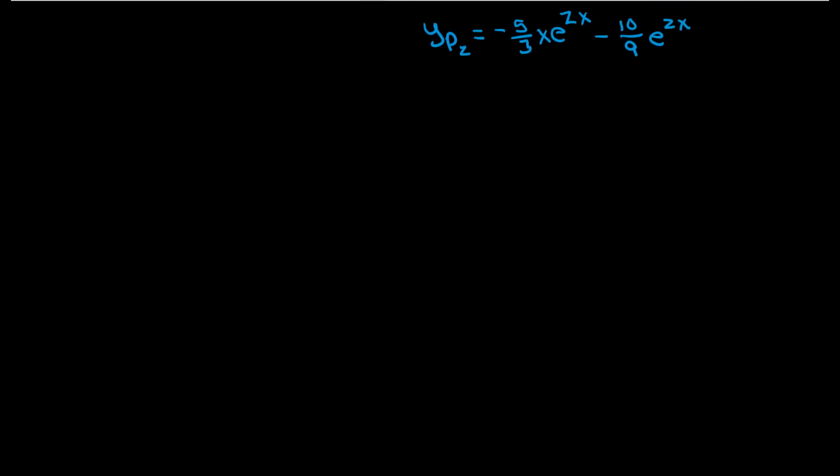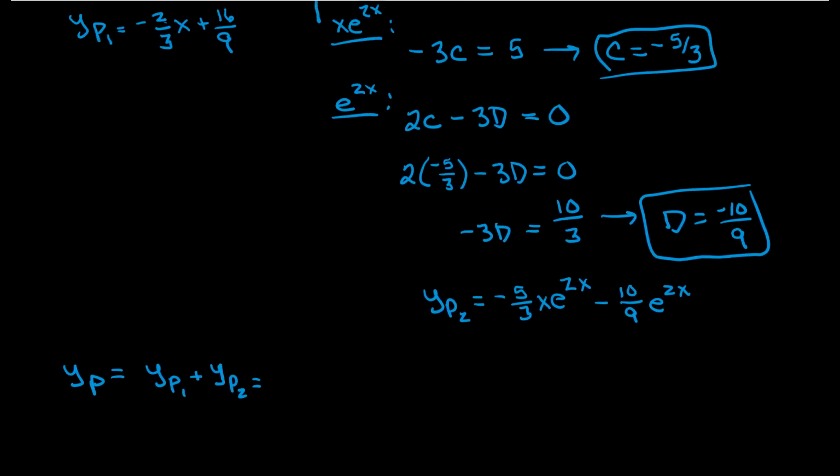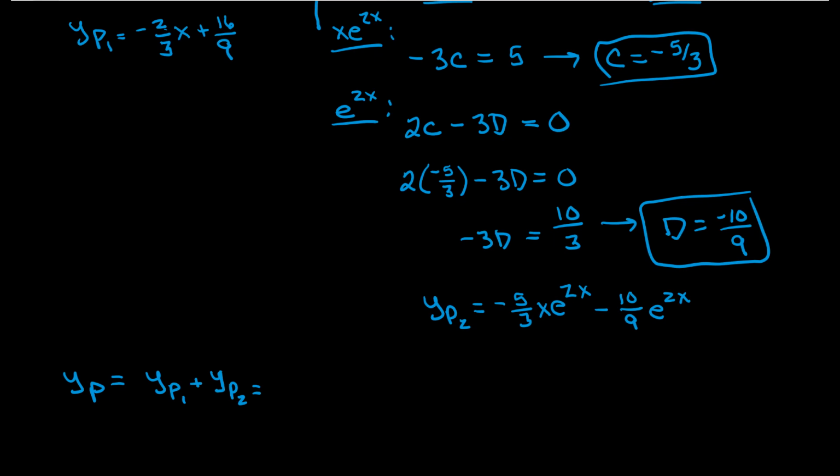Now, if you'll recall, we said earlier, using the principle of superposition, our overall particular solution is going to be the one plus the second one. So what this is going to be is, I come back up here, and I'm going to have a negative 2/3 x plus 16/9. That's the y of P1 part.